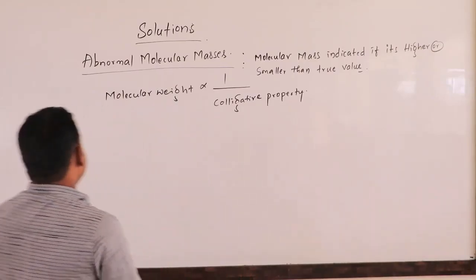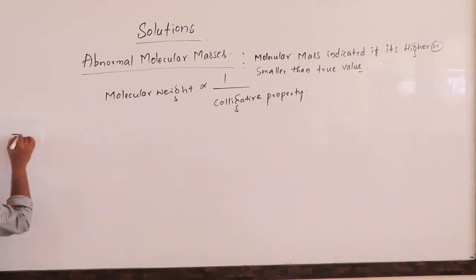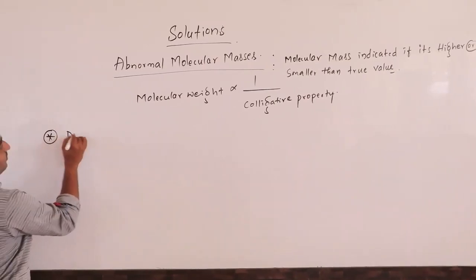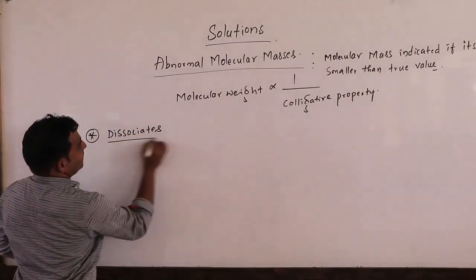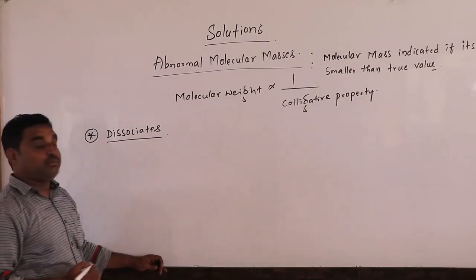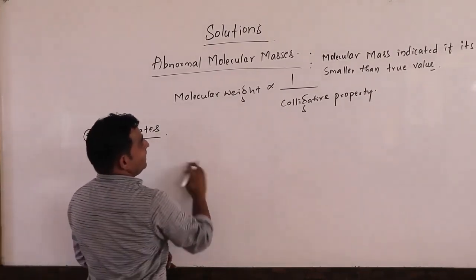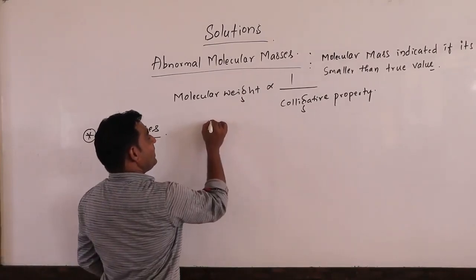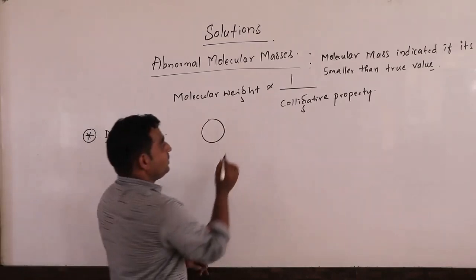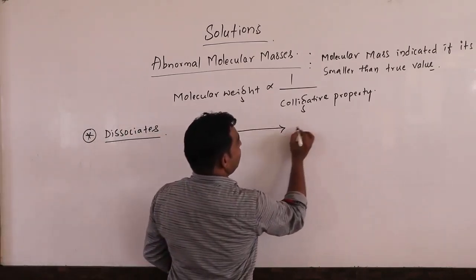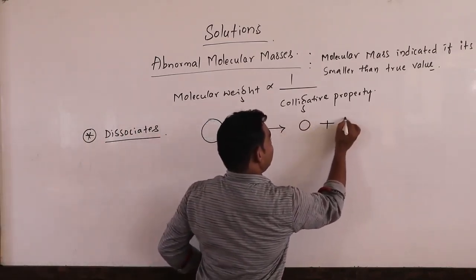In the second case, for example, if the solute dissociates. What happens if dissociation takes place when the solute is in a solvent? For example, when we add the solute in the solvent, this solute dissociates to form 2 ions, you can imagine.